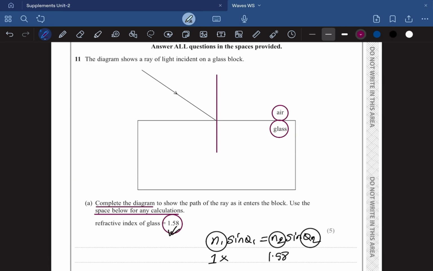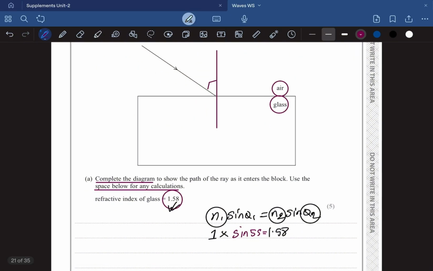So now we will have to figure out this value using a protractor, and this value will probably be sin 55. Because we have to figure out this theta, our theta value will be equal to 31.2 degrees.